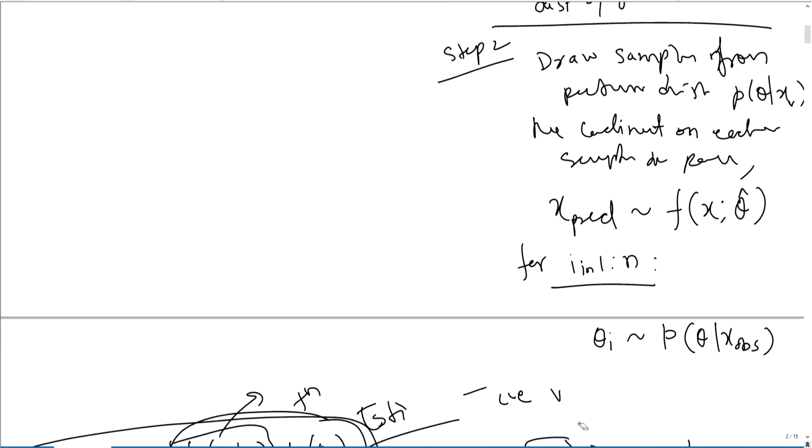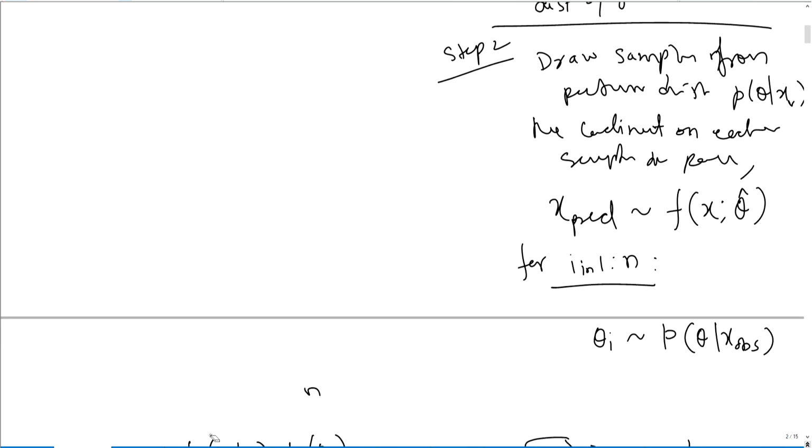Okay. And then conditional on each theta i, you will generate predictions. So this will be a posterior predictive sample. How? Generate predictions from f of x given theta i. Okay. So this is the process. So this will give you posterior predictive samples. You have done this earlier in the previous lecture.